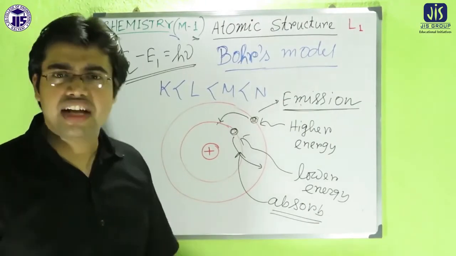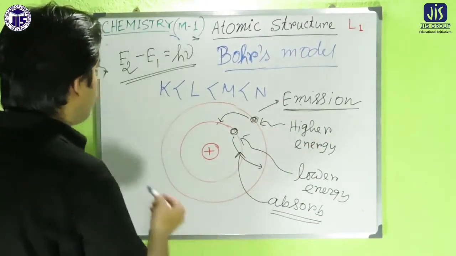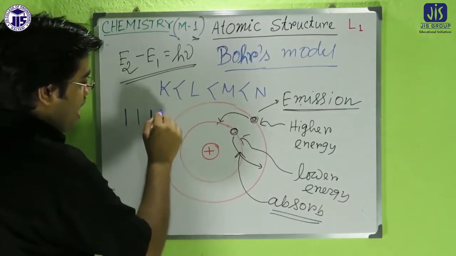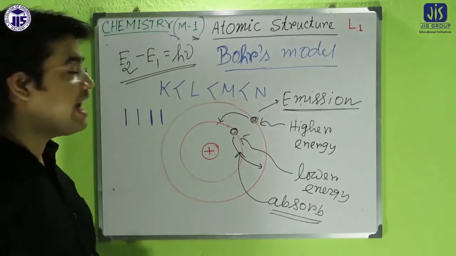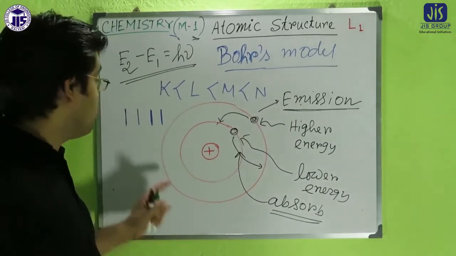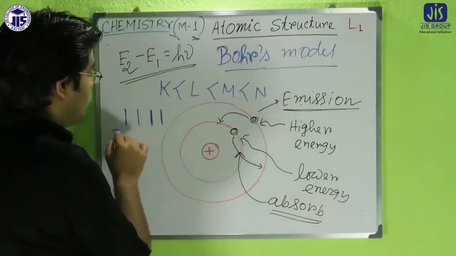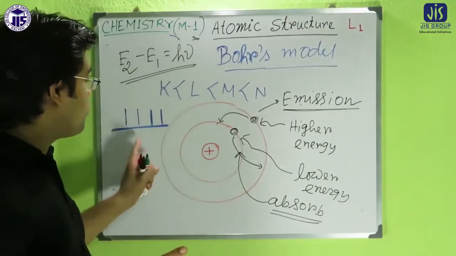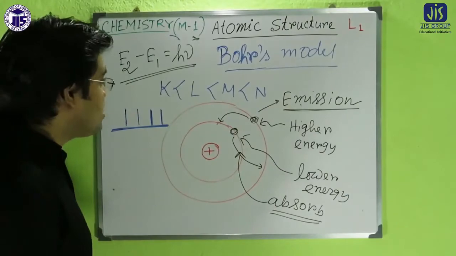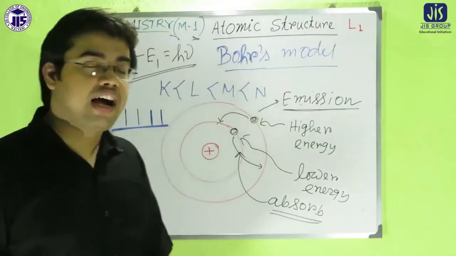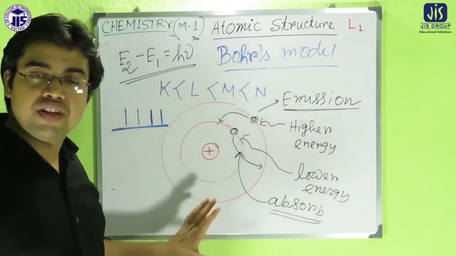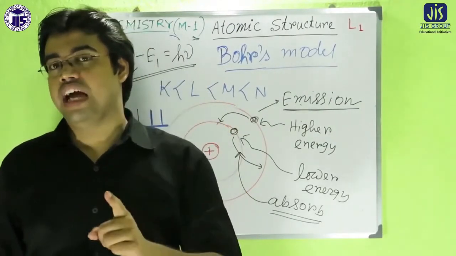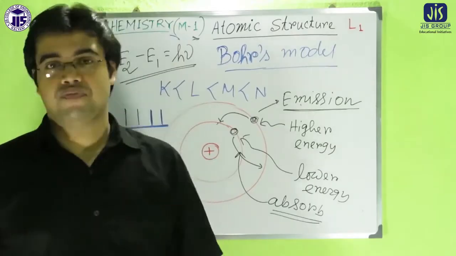So sometimes there will be some emission, sometimes not. That means there will be some dark region where we are not getting any energy, and sometimes there will be emission of the energy. That clearly indicates why we are getting the line spectrum from the atom. So Bohr's model successfully explained the stability of the atom and also the atomic spectrum, that is the line spectrum.